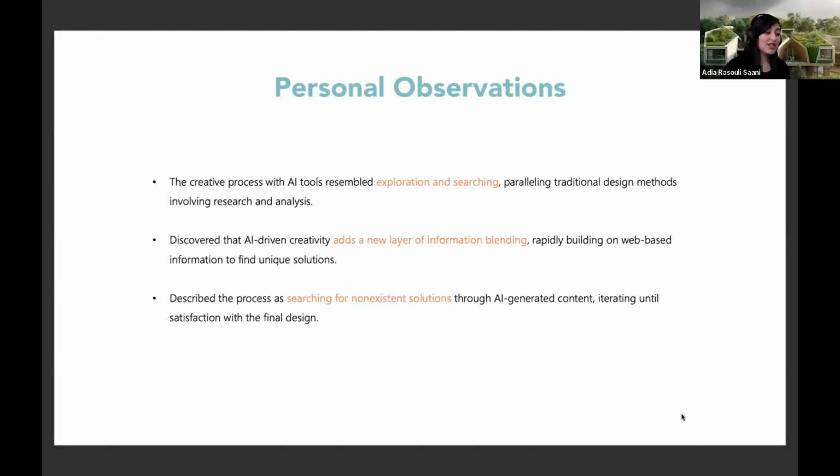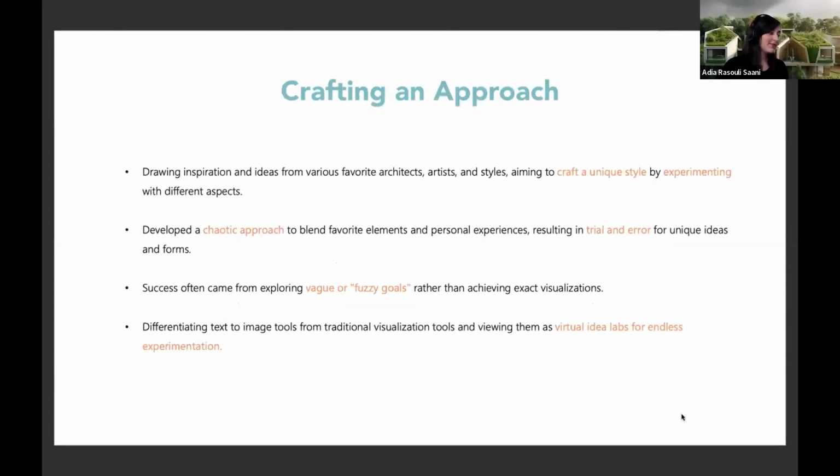And as you're typing words to find solutions, it literally feels like you're searching for something that doesn't exist yet. You're searching by generating, and you keep tinkering with the results until you're satisfied with what you see and it fits your needs.